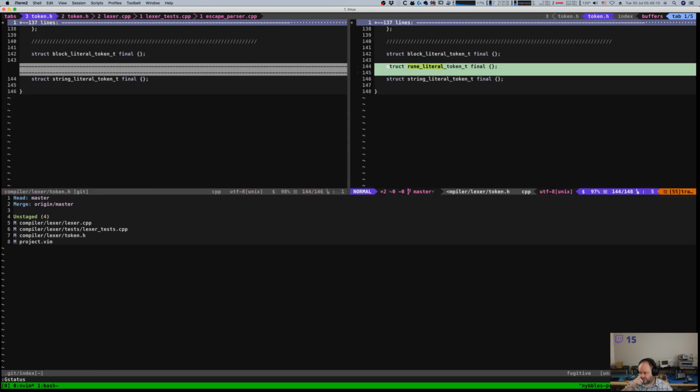Yeah, so we added the rune literal token struct in this case.